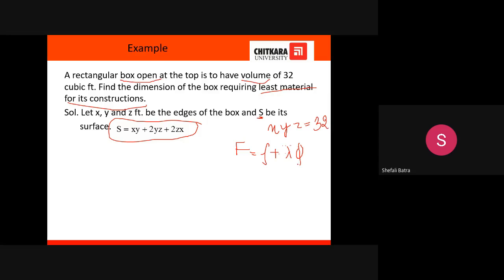Now you need to choose one function out of these two as f, another as phi. And I have told you this function would be that function which is going to be maximum or minimum. So now the question is in front of you. You tell me what function is considered as f or what function is considered as phi. Just try it.